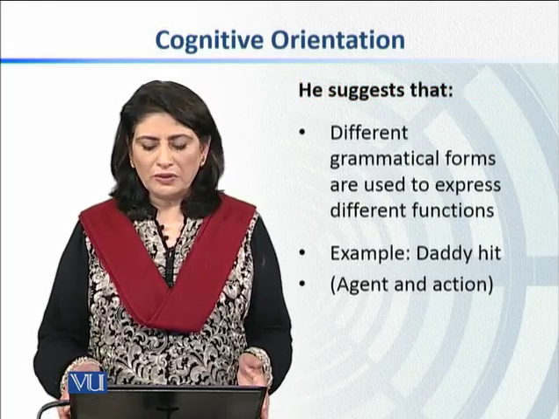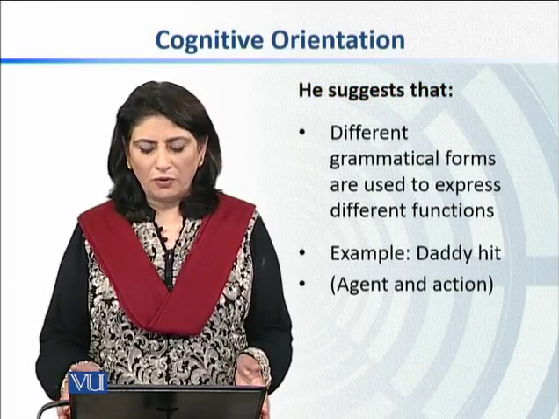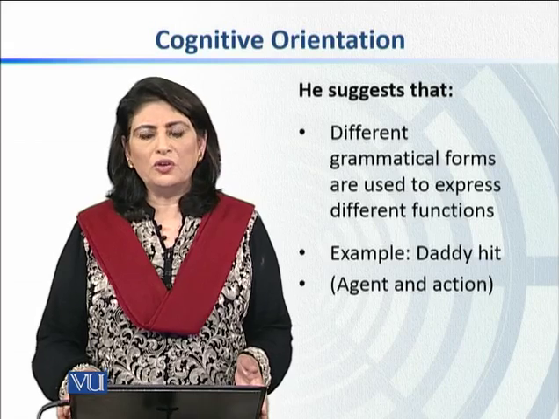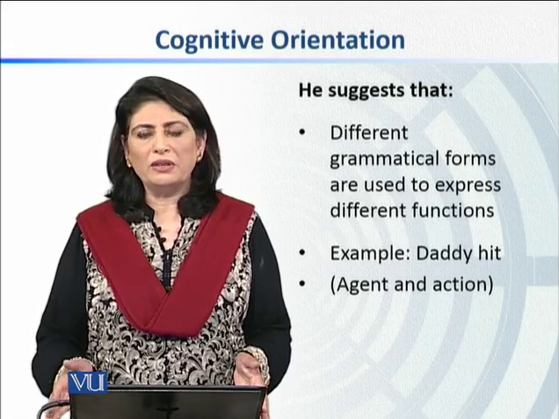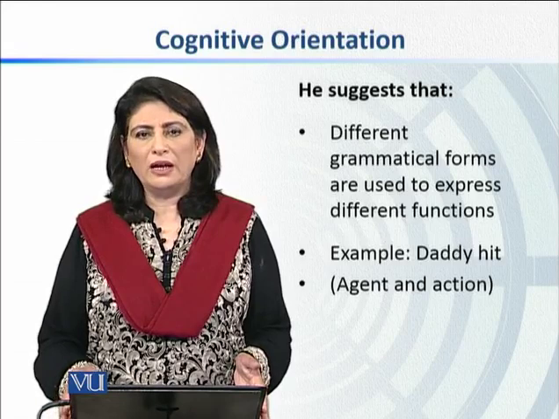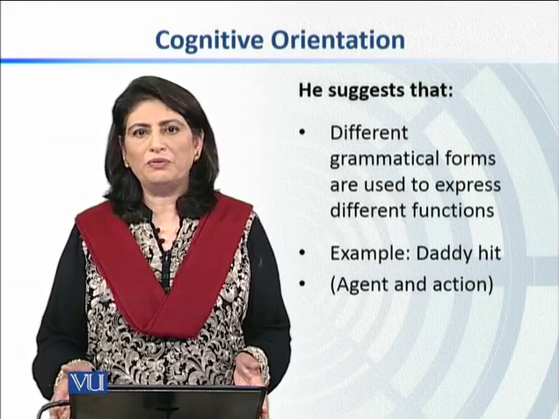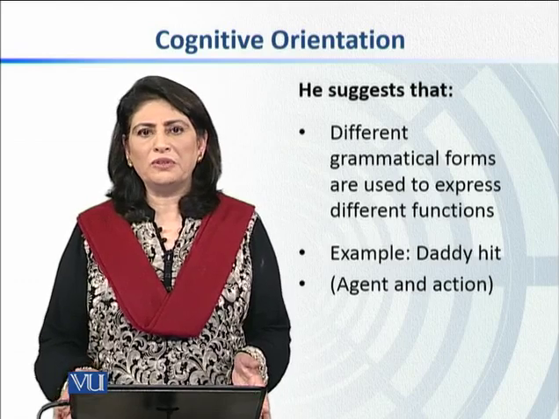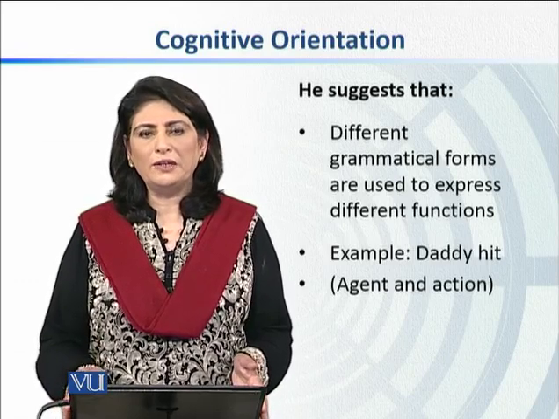Slobin argues that different grammatical forms are used to express different functions. So different grammatical forms, when they are used by the child, are used to express different functions. For example, let's think of a small child.